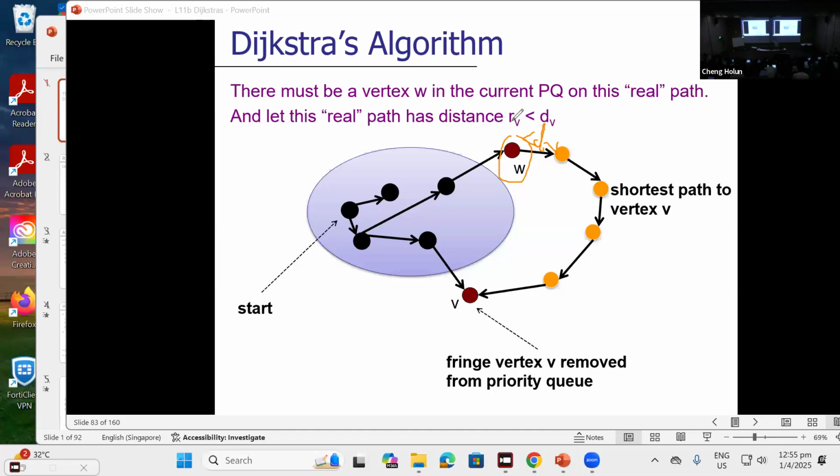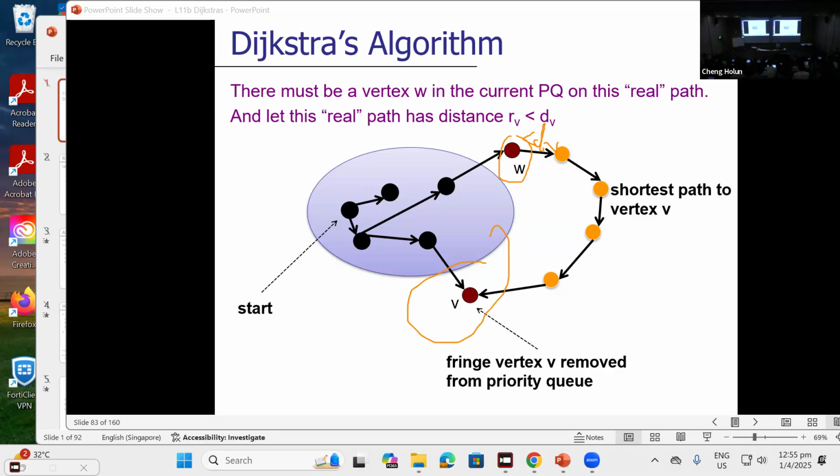Because we said now this one, dv, is the smallest one. How can you have another one smaller than me? So w should have been dequeued before this vertex v. So w cannot have a distance shorter than dv. So too bad. That creates a contradiction.